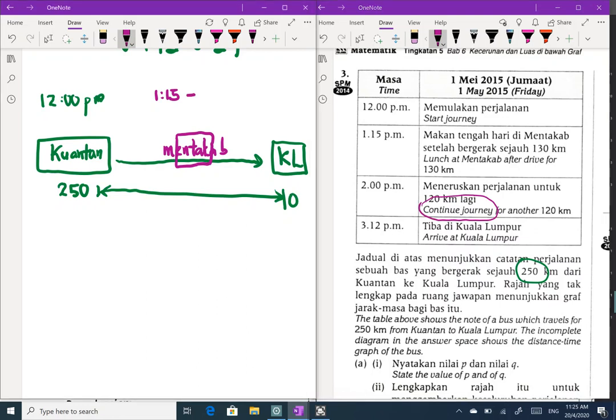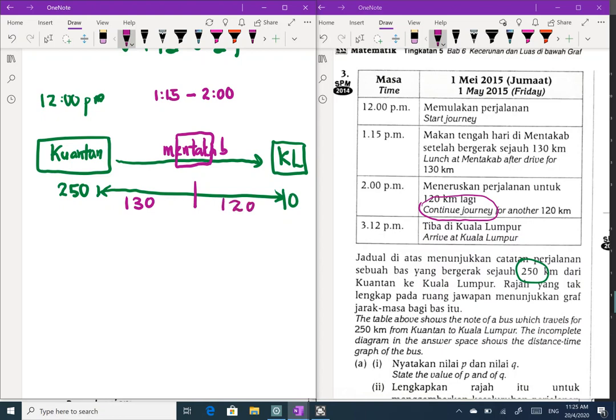That means 1:15 until 2 p.m. I eat lunch. Okay, when 1:15 until Mentagap, this distance is 130 kilometer. That means here is 120 kilometer.